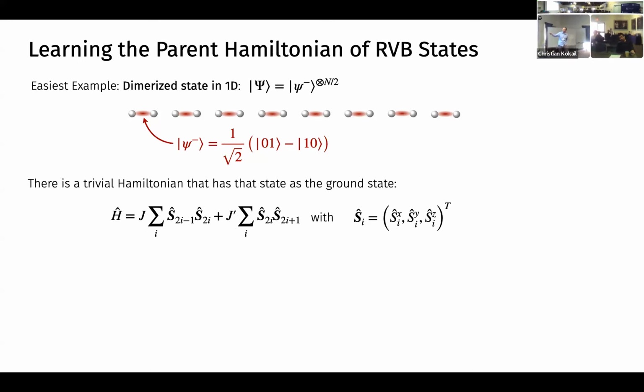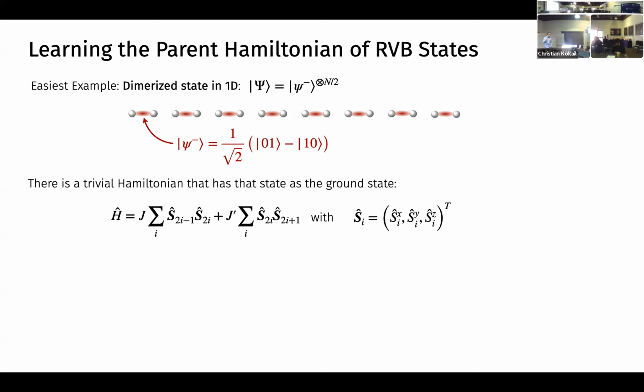So if you have a J coupling here and a J prime coupling here, and you put J prime to 0, then the scalar product of two spins S_i and S_{i+1}, which is x_i x_{i+1} plus y_i y_{i+1} plus z_i z_{i+1}, has as its ground state the spin singlet state, right? So there is a trivial answer.